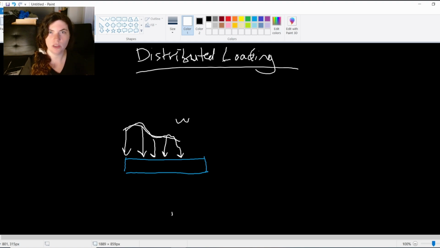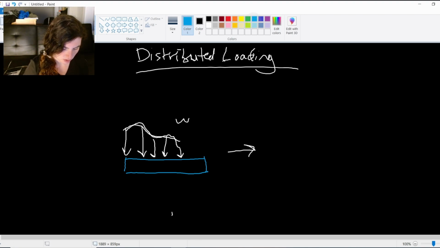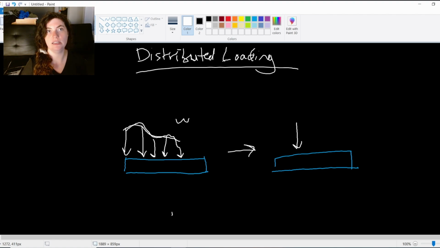And the way that we turn this into a resultant force, right, we want to change this into an equivalent force. So something where we have this loading and we make it just a single point force that is equivalent to the loading, but acting in just a single spot.